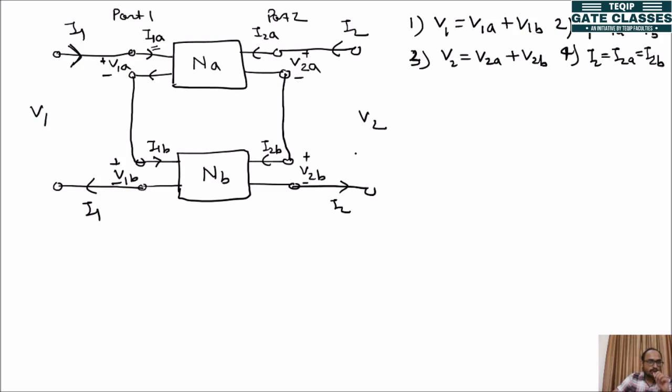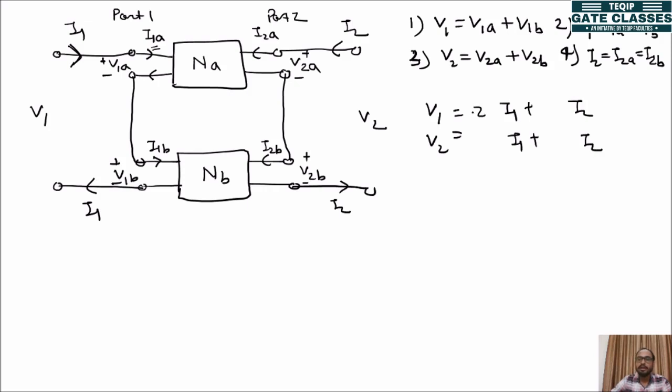So when two networks are connected in series, if we use Z parameter, impedance parameter, it will be very convenient for us to characterize the whole network. So see, what is Z parameter? In Z parameter you can write V1, V2 as a function of I1, I2.